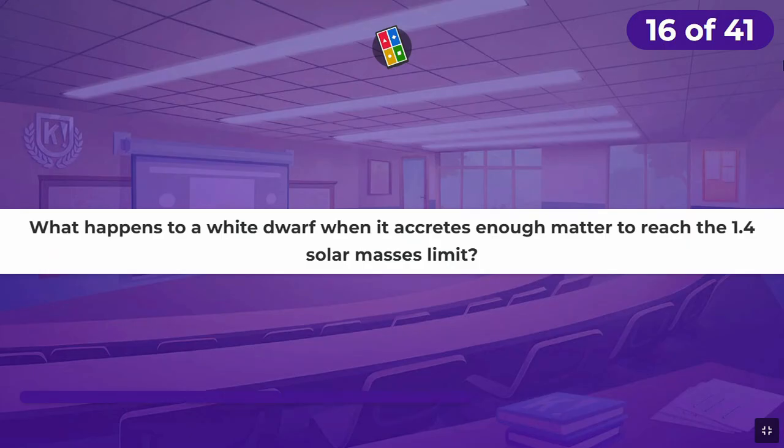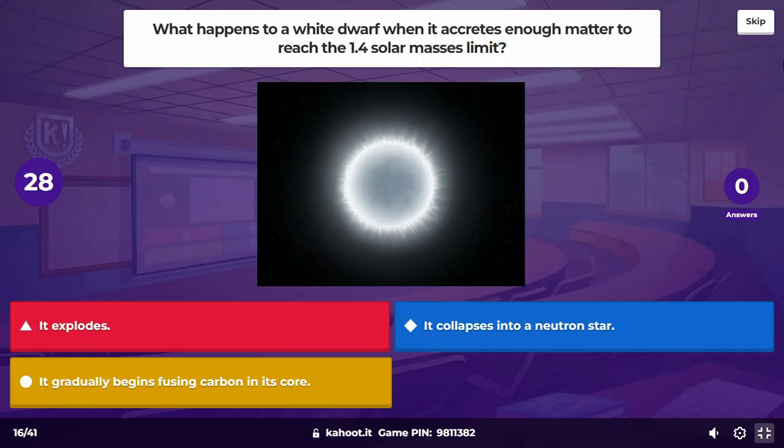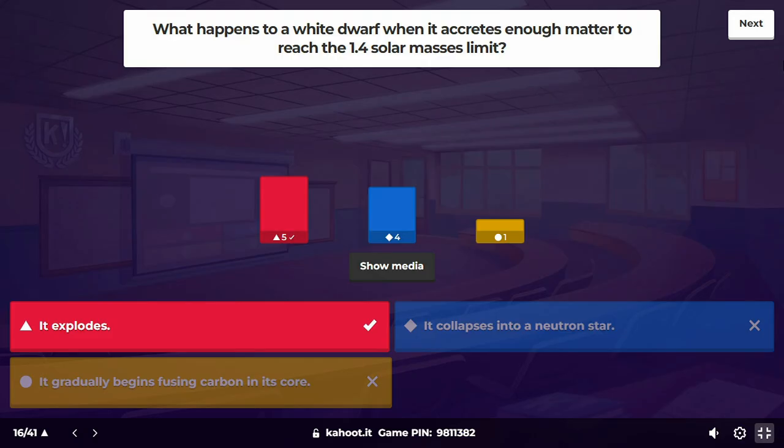So what happens if a white dwarf accretes enough matter to exceed the 1.4 solar mass limit? Yeah, so it's going to explode.